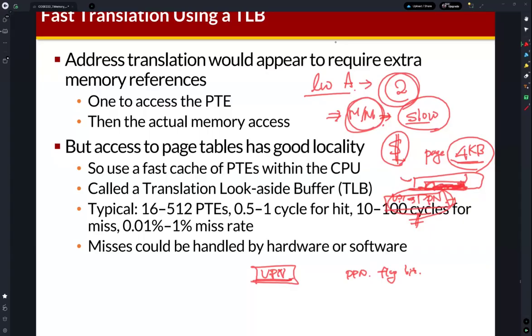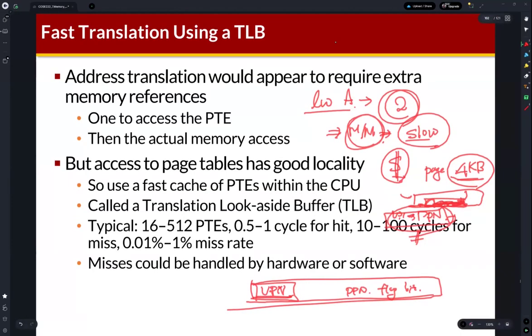So we can just cache this information in a special cache, a cache for the page table. This special cache is called the TLB. TLB means translation look-aside buffer. So this is the TLB.